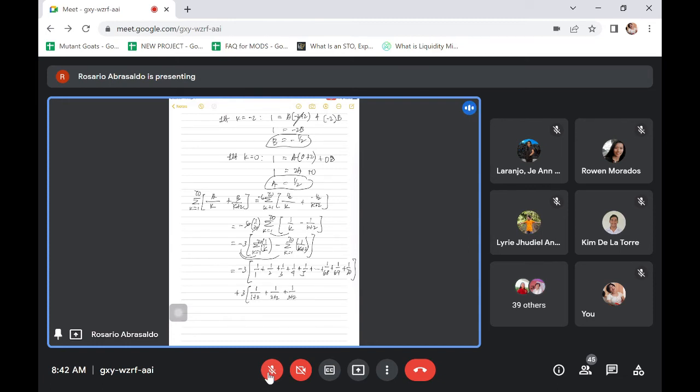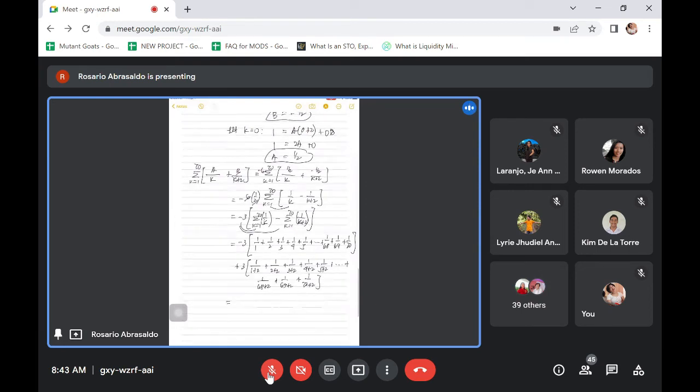So I just substitute k from 1 to 5. I also use the first series of summation. Plus 1 over 4 plus 2, plus 1 over 5 plus 2, plus that, plus 1 over 68 plus 2, plus 1 over 69 plus 2, and 1 over 70 plus 2. Okay, until there.